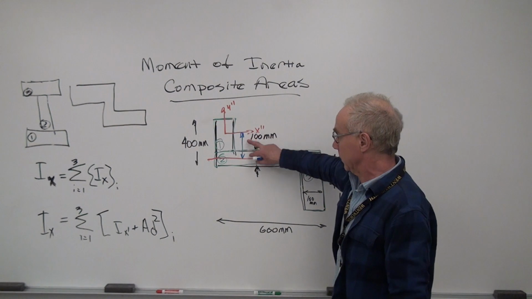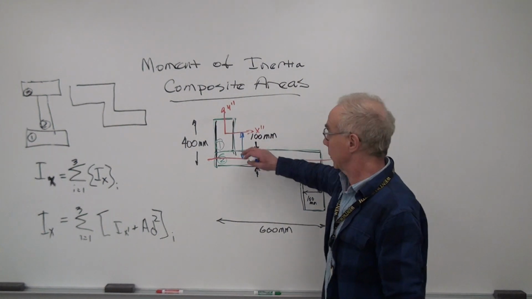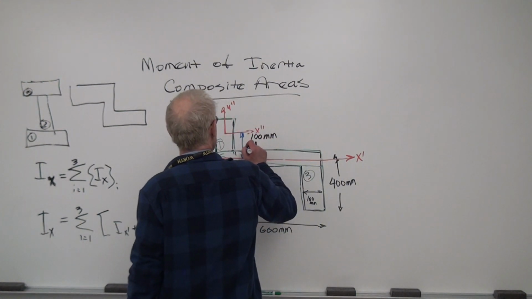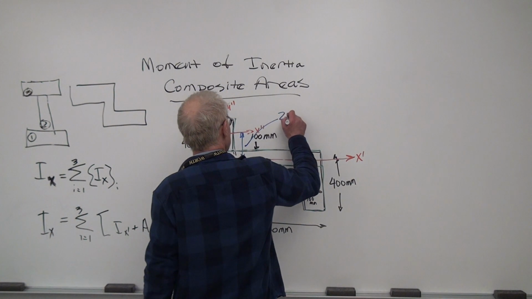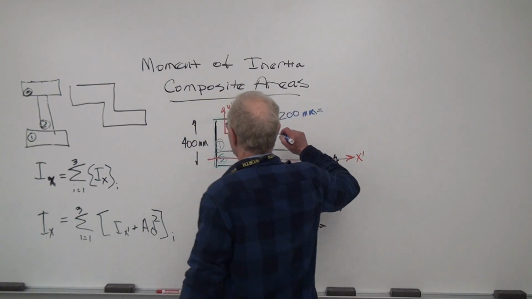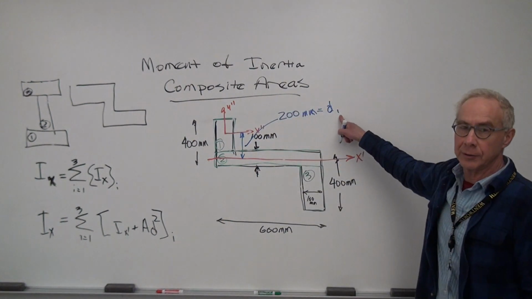So 150 plus 50, so the d value here is actually 200 millimeters. This d value, and I'm running out of room here, but I'll write it up here, 200 millimeters. And just for clarity, I'll put equals d sub 1.